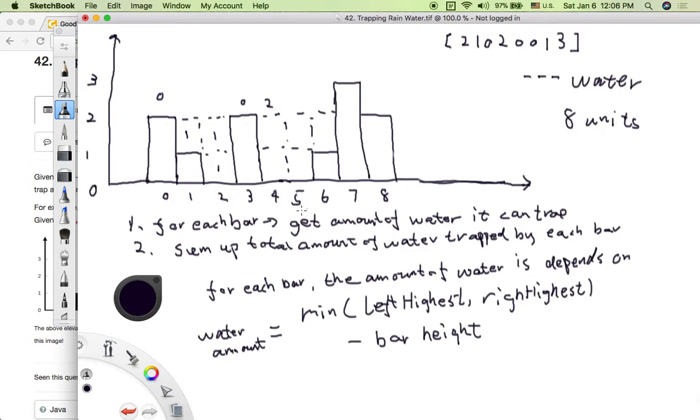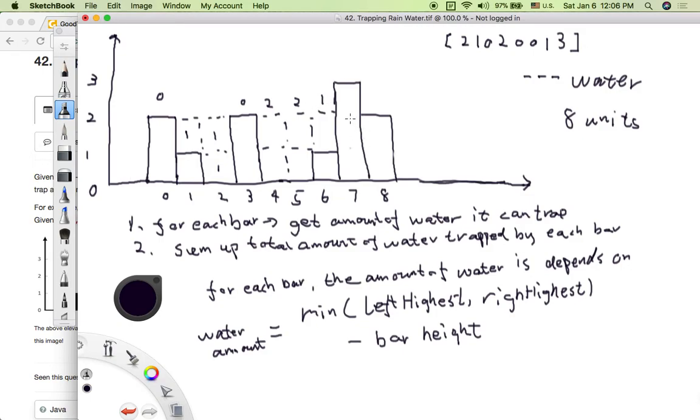The fifth index, same thing, left highest 2 minus its own height, that's 2. And the sixth index, that's 2 minus its own height 1, so we get 1.